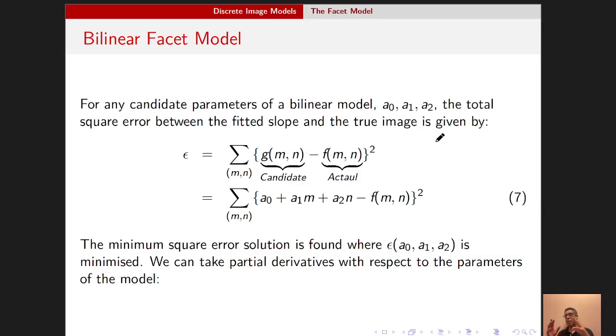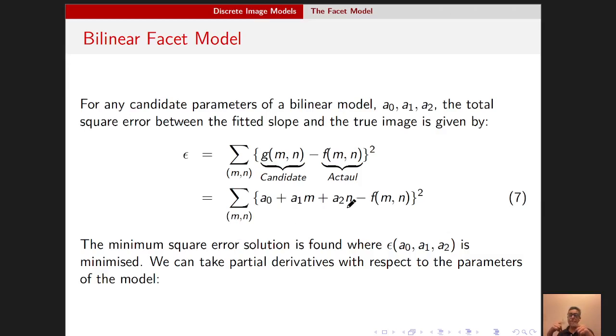So if we want to minimize the error in predictions, a prediction according to the model that is higher than the actual observed pixel value is penalized, but also an observed pixel that is below the prediction of this bilinear facet model is also penalized.